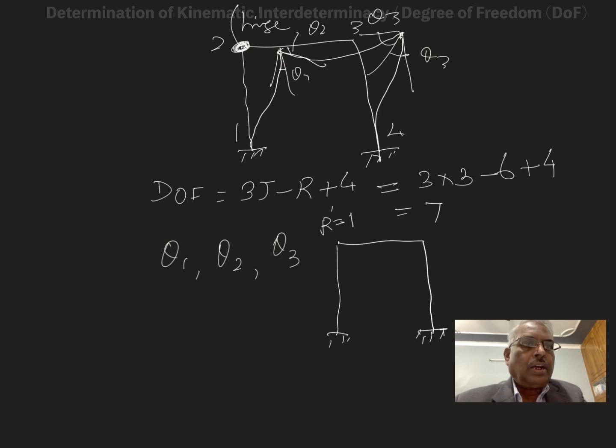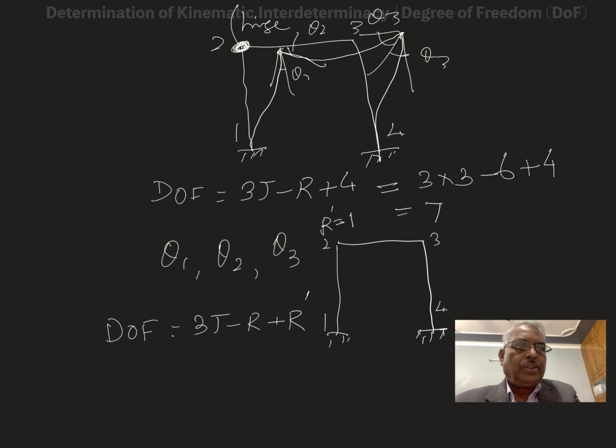So r dash is 1, meaning one additional moment we are adding here. Now there will be 4 joints, and so degree of freedom will be 3j minus r plus r dash. So 3 into 4 joints minus 6 plus 1, that is 7.